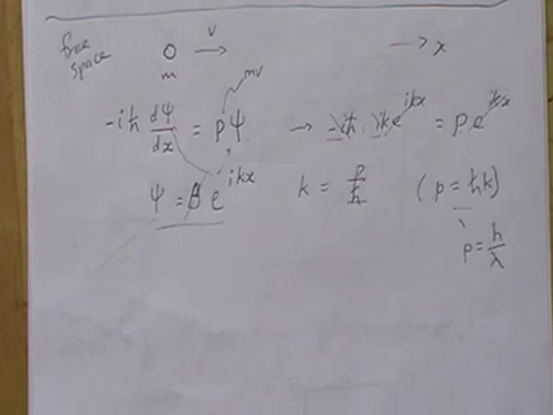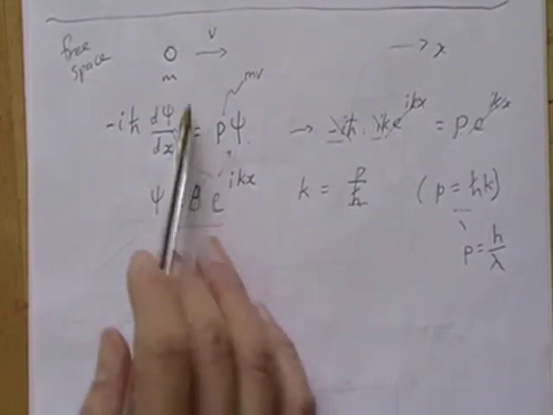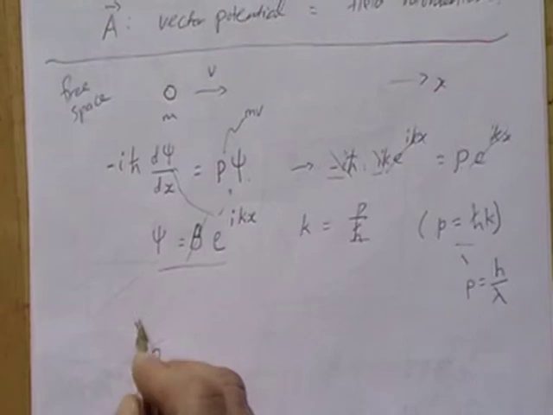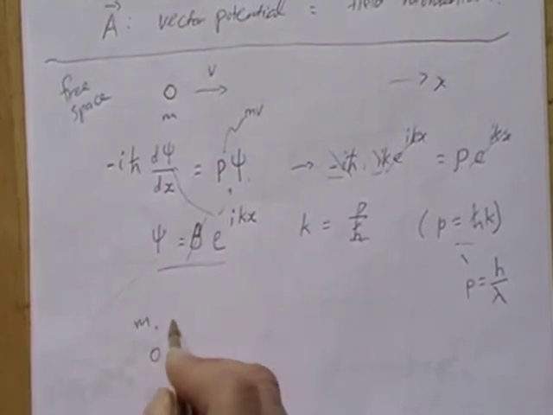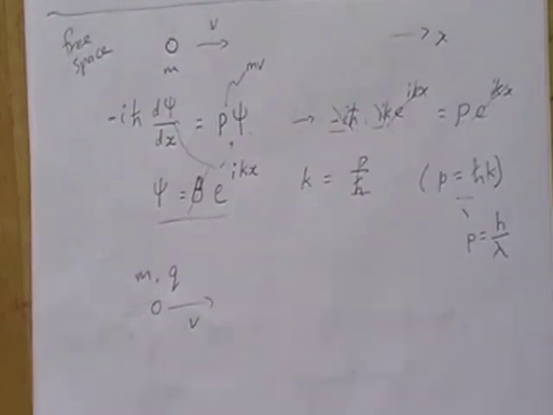So we have our solution for the wave function. Now, in the next step, let's think about what happens if this particle of mass m also has a charge q, and it moves in an electromagnetic field.